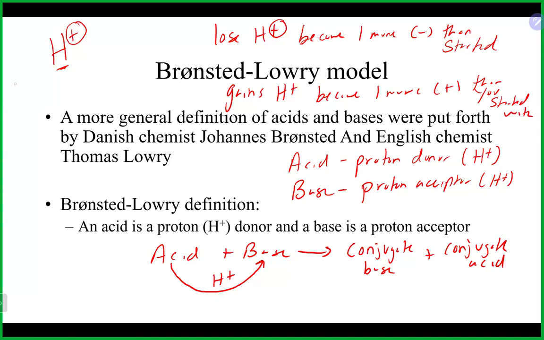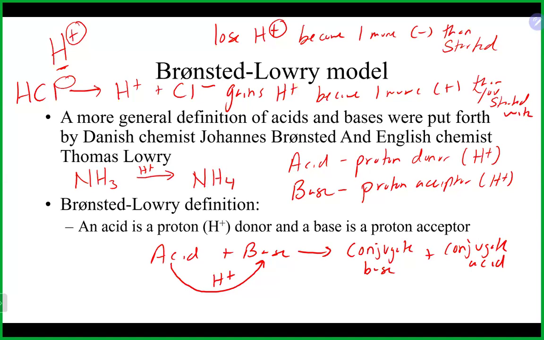So let's say, for example, we started with HCl and it loses an H plus. That leaves us with Cl. It was neutral, you lost an H plus, you become one more negative, so that Cl gets a minus as well. Now, if you had something like NH3 and it gains an H plus, the nitrogen hydrogen will now become NH4.